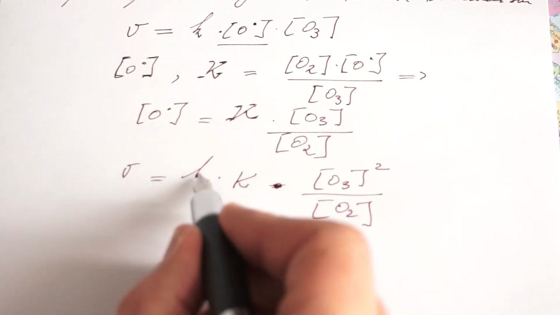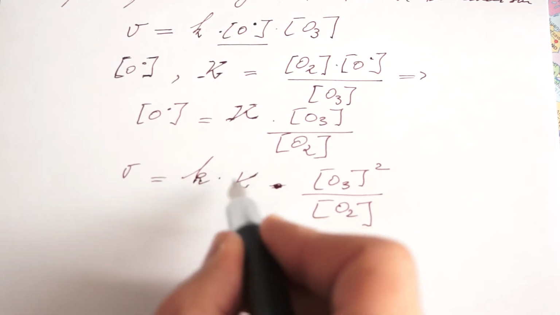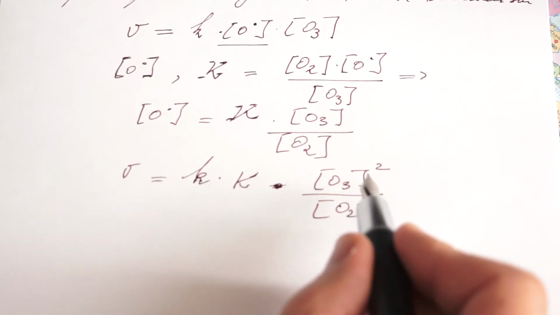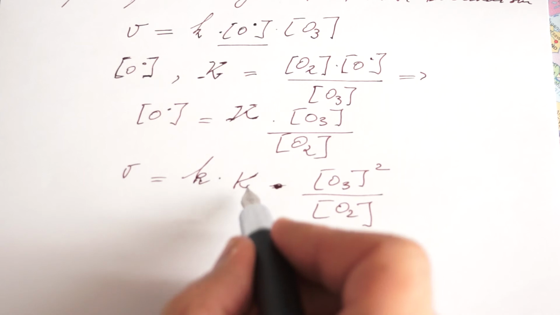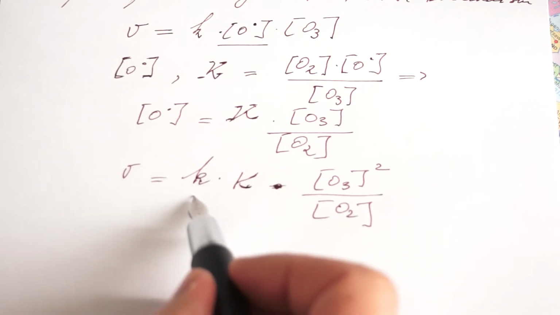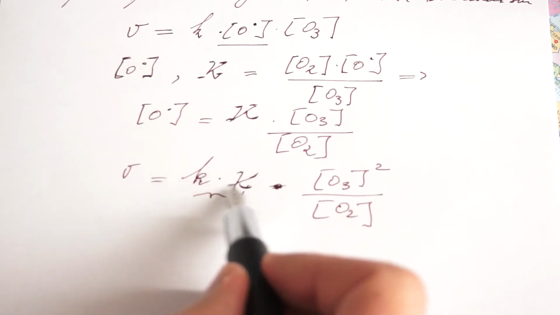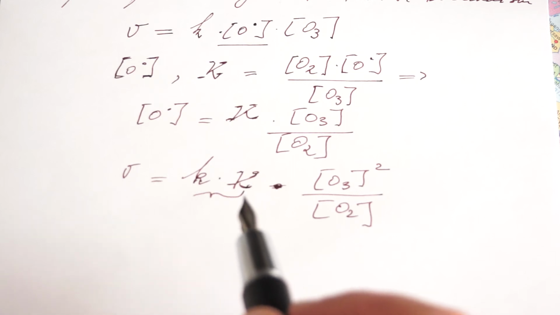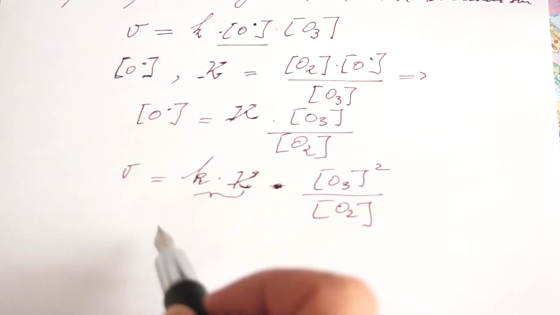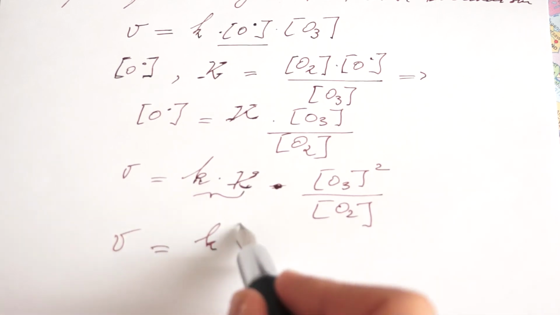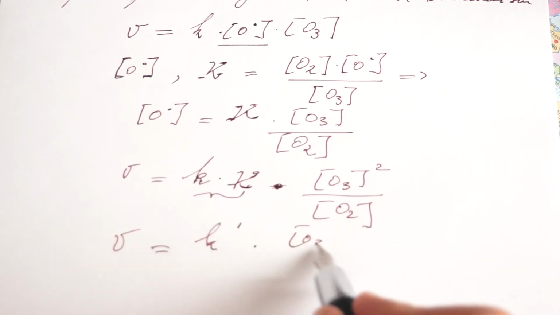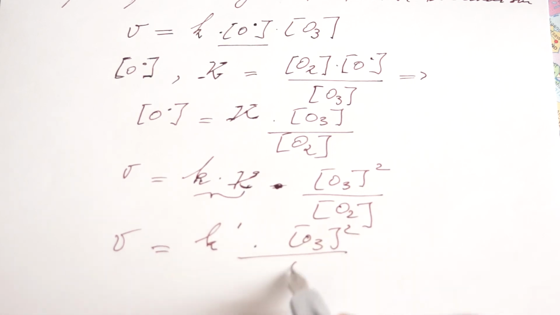So it will be the reaction constant times the equilibrium constant times ozone concentration divided by O2. But because the equilibrium constant is a constant, we can say that the speed of reaction is K prime times ozone squared divided by O2.